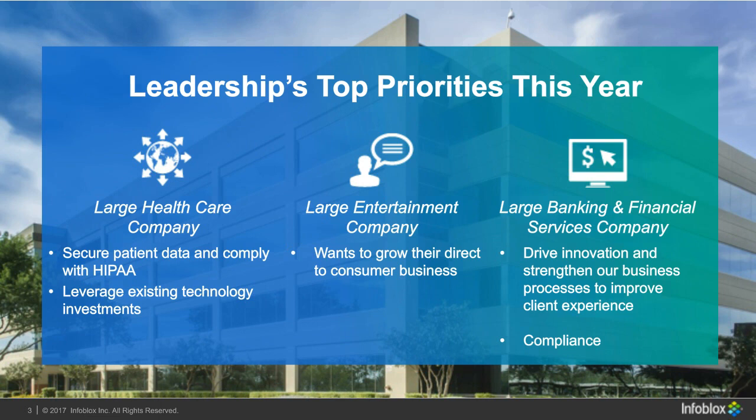One of the largest healthcare companies today, their top CXO leadership priority, as it has been published, is that they obviously want to secure their patient data. They want to be compliant with HIPAA. There's no surprises there. I'm sure all healthcare companies have to comply, and this is top on their list of priorities. And they also want to leverage existing technology investments.